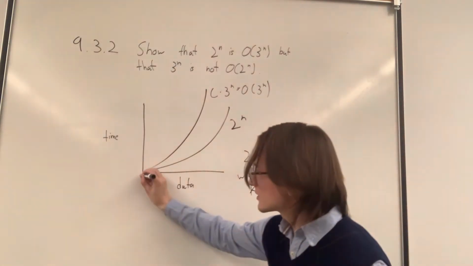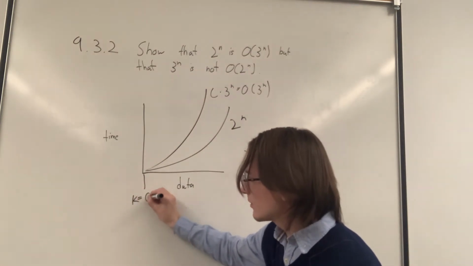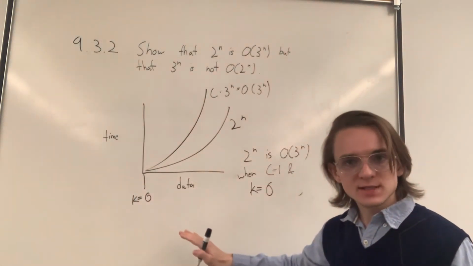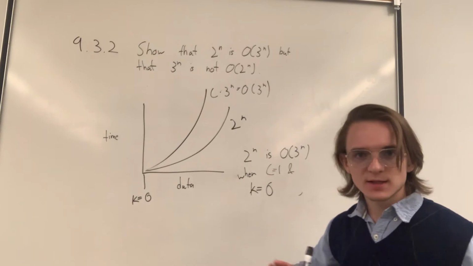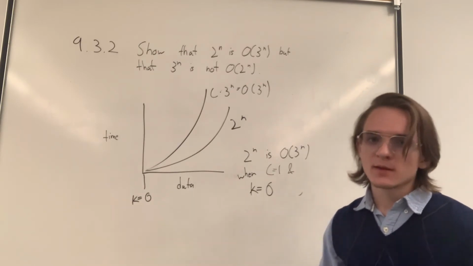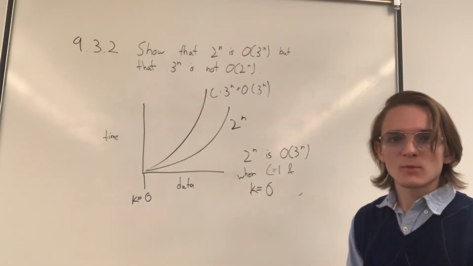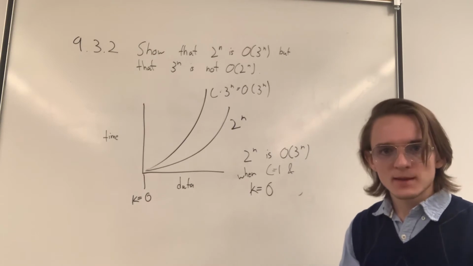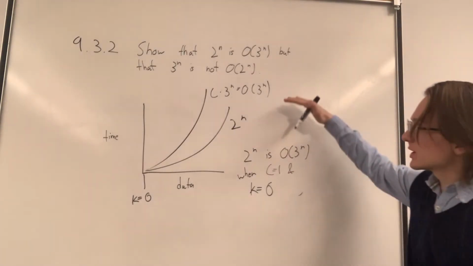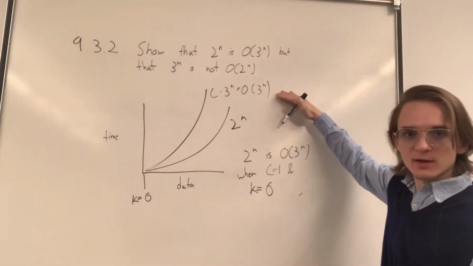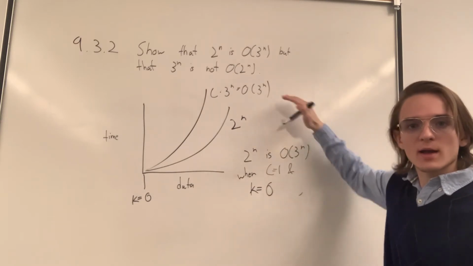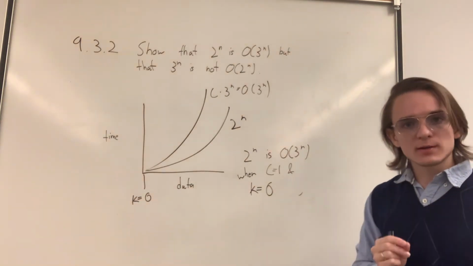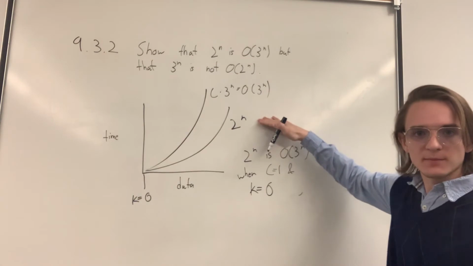They intersect when we've input 0 amount of data. What this means is that when data is 0 or greater, at this point, the function c times 3 to the power of n begins to grow as quickly or more quickly than 2 to the power of n.